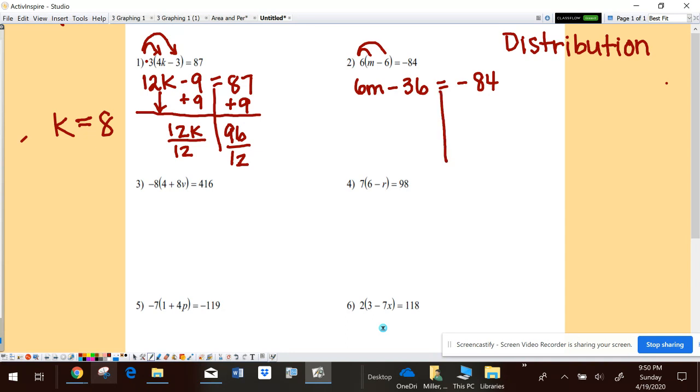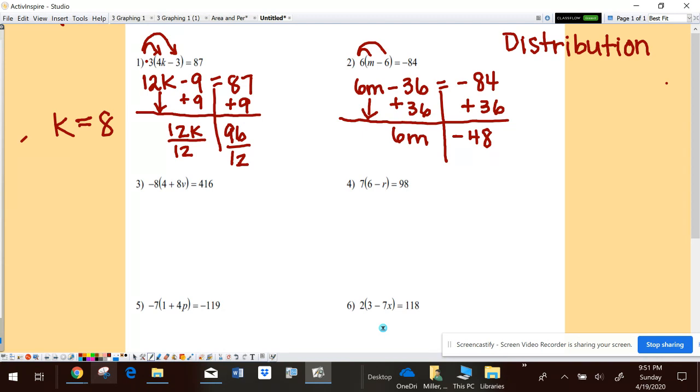What should I do first to this equation? That's right. We should add 36. And if I bring down my 6m, I put in the calculator, negative 84 plus 36, that equals negative 48.